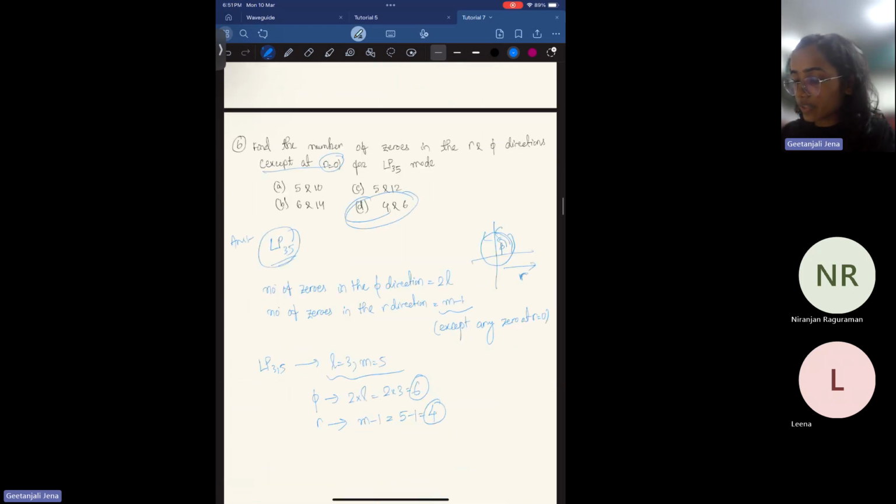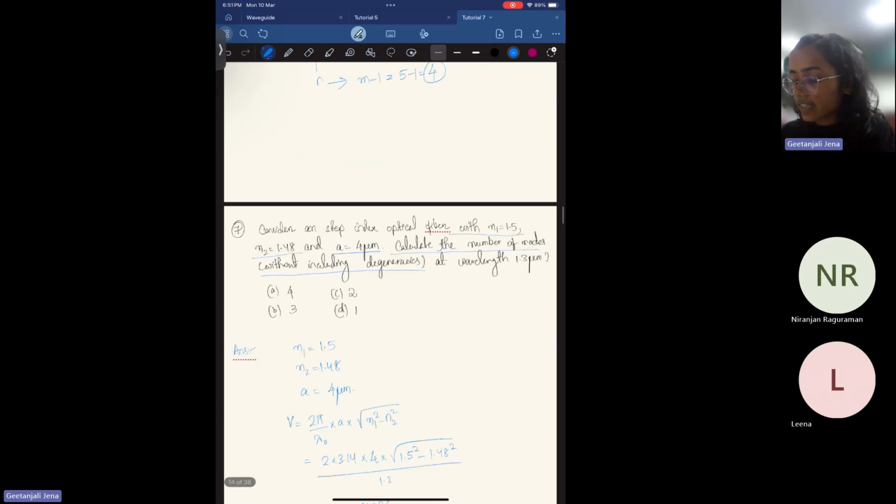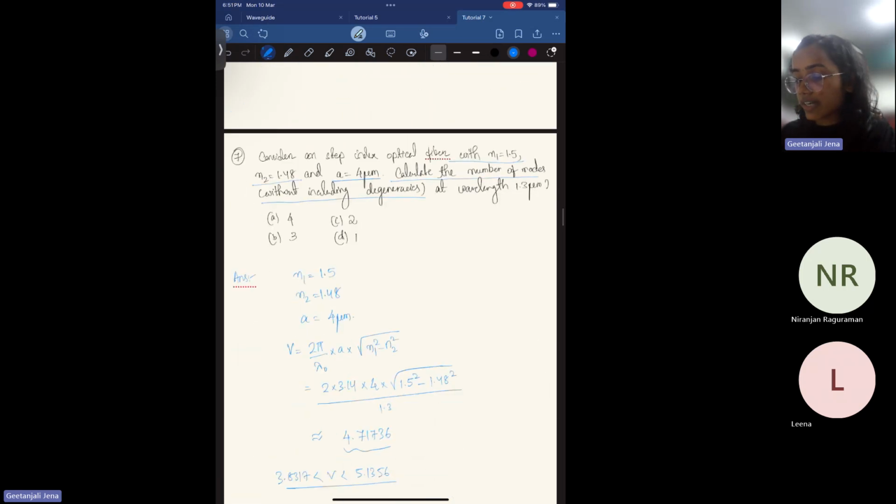By degeneracy we mean that the modes can have sin L phi dependence or cos L phi dependence. Depending on that, each mode has twofold degeneracy in the phi direction. Also, for each mode we have X polarized and Y polarized.